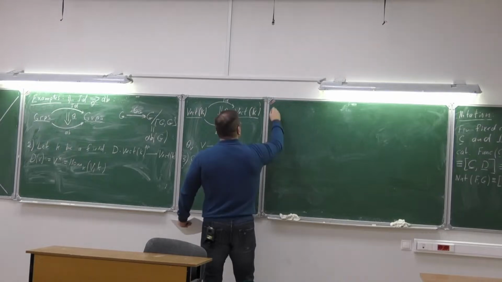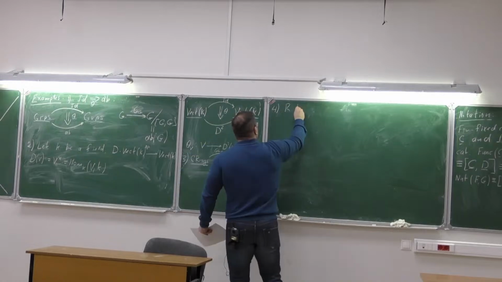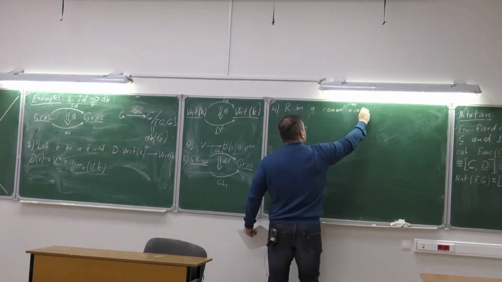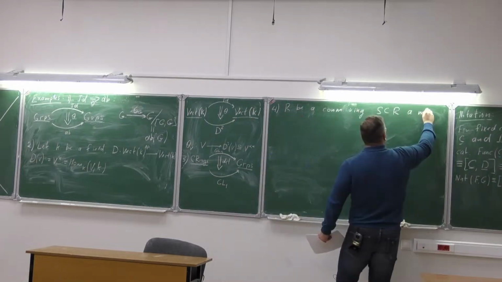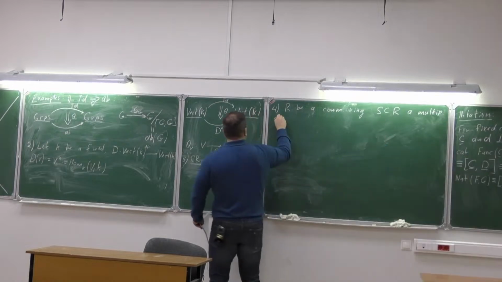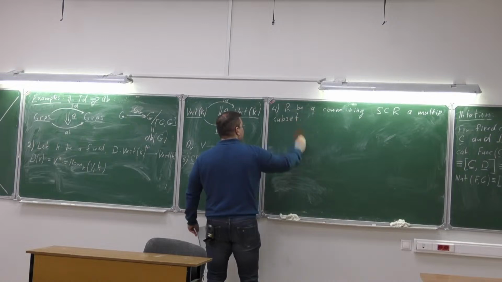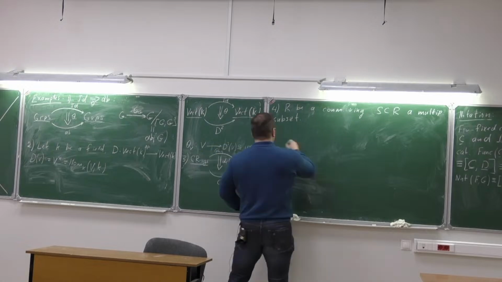Okay, maybe another example from commutative algebra. Now let R be a commutative ring and S inside R a multiplicatively closed subset. Then in this case you have localization of modules and the following situation.